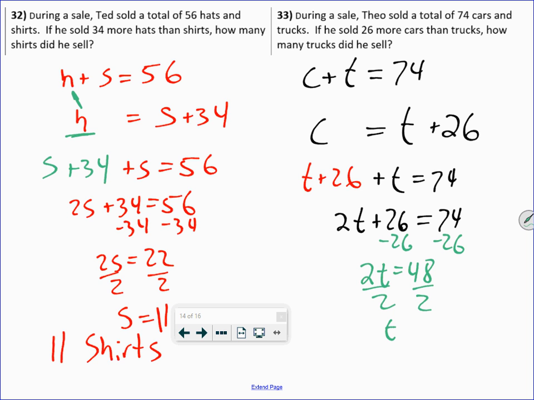Divide both sides by 2, and I get T equals 24. And once again, we can check our work. 24 plus 26 is 50, plus 24 is 74. So he sold 24 trucks.